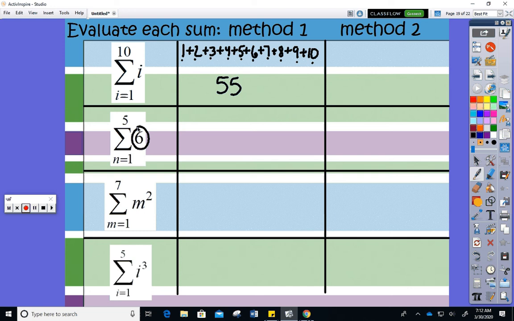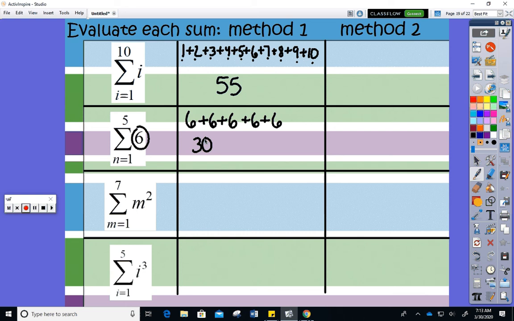So the first term is 6, and so is the second, and so is the third, and so is the fourth, and so is the fifth. So 5 sixes would just be 30. That says it doesn't matter what you plug in for n, the value of the term stays 6.